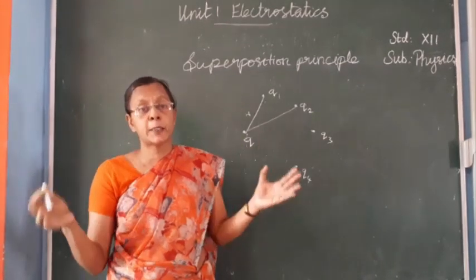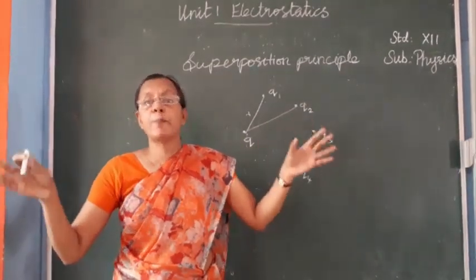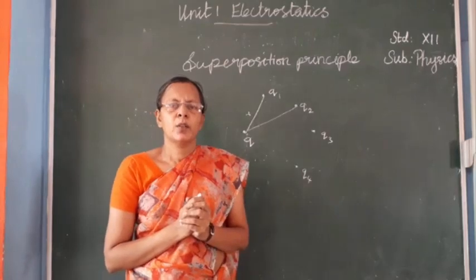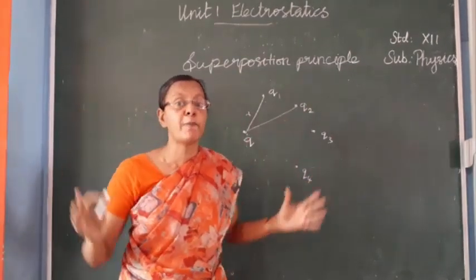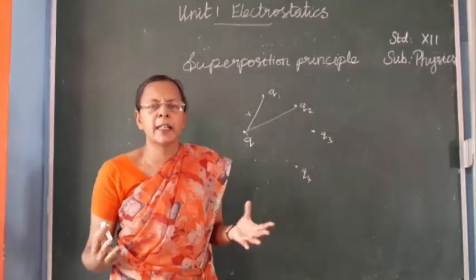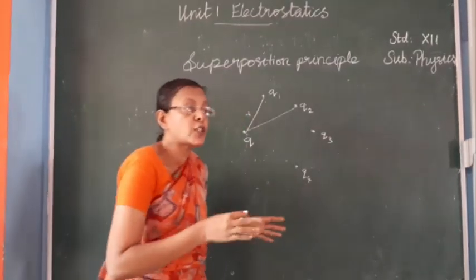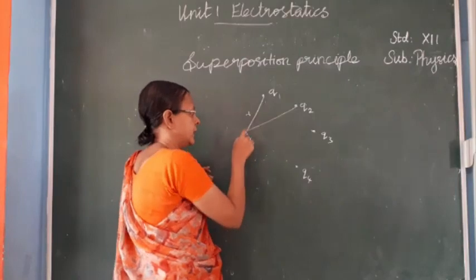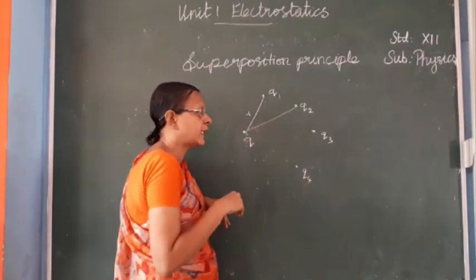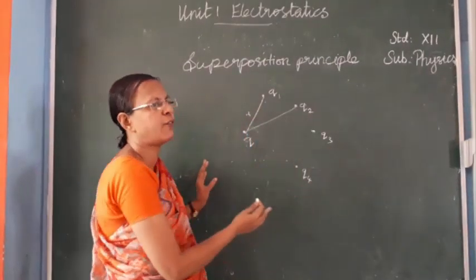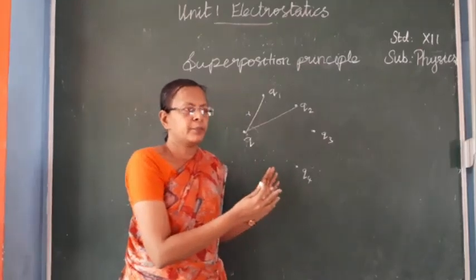Coulomb's law can explain the interaction between two point charges only. If there is a system of point charges, we can find the electrostatic force that this charge Q experiences from all the other charges.